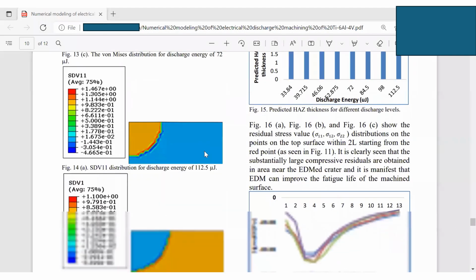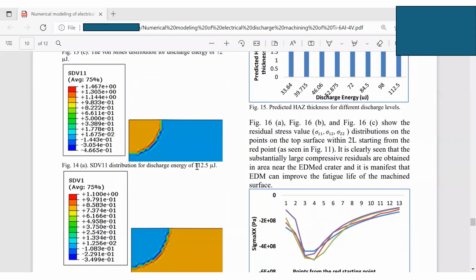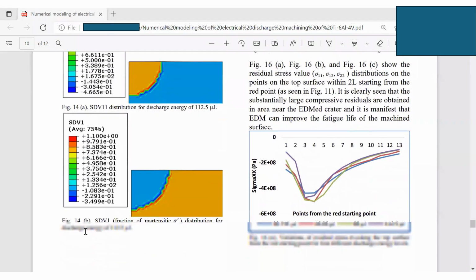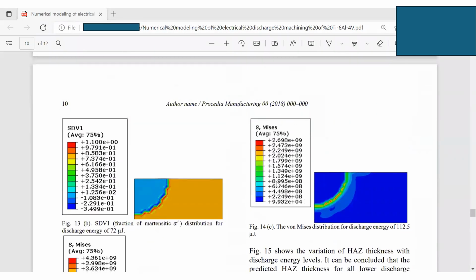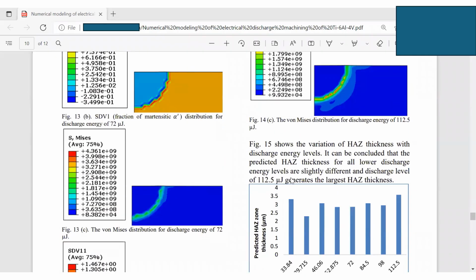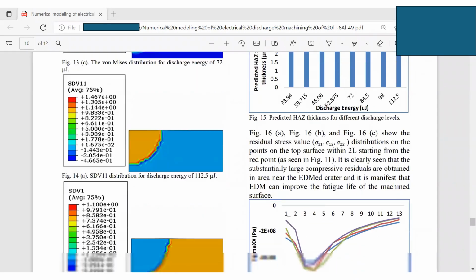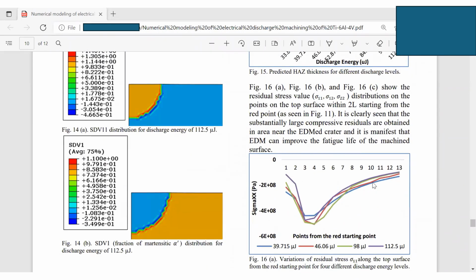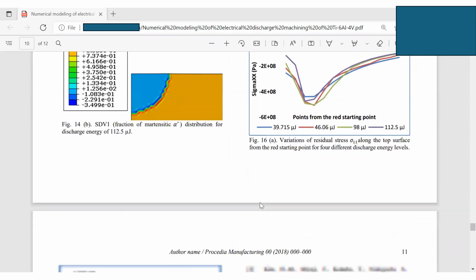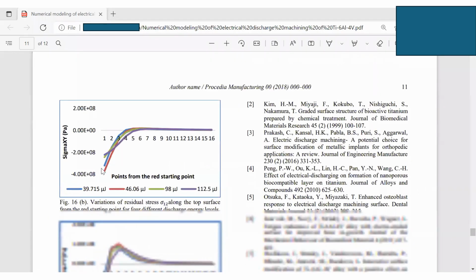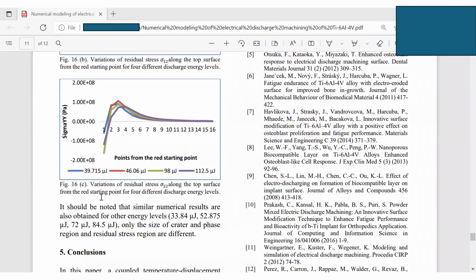The higher energy level is 1245 microjoule. For these three distributions, STV11, STV1, along with the von Mises stress, these are the predicted heat affected zone distribution. This is the stress distribution sigma xx, sigma xy, and sigma yy.